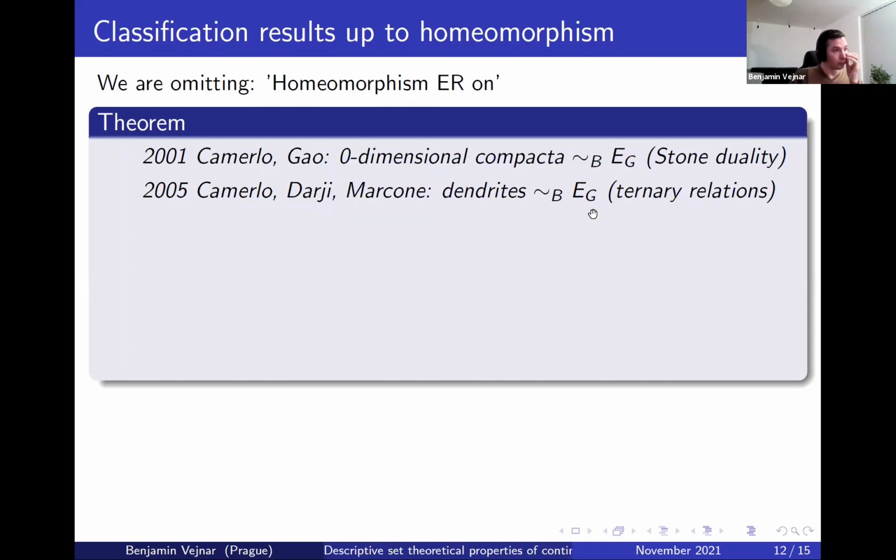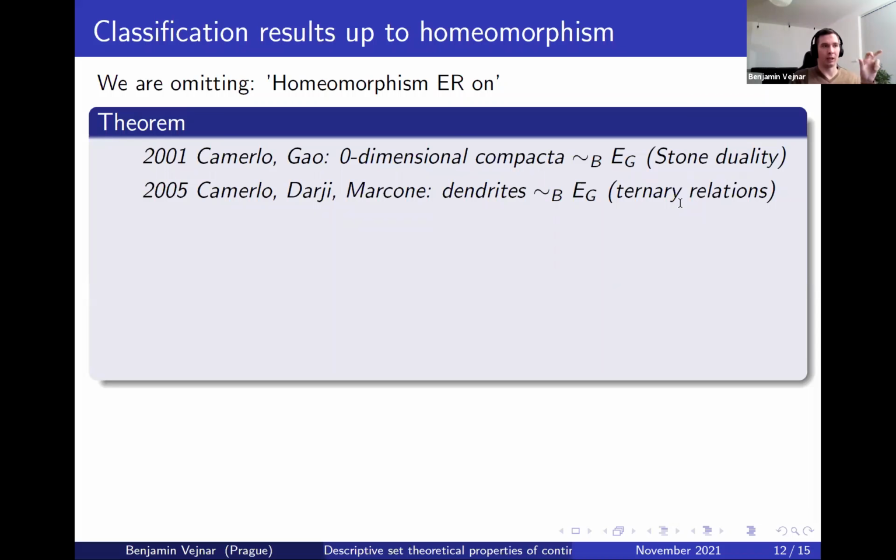Well, if you think about that for a while, it is not so surprising because there are quite natural ways to encode dendrites by countable structures with ternary relations. These ternary relations will be like: three points x, y, and z are related if and only if y lies between x and z.